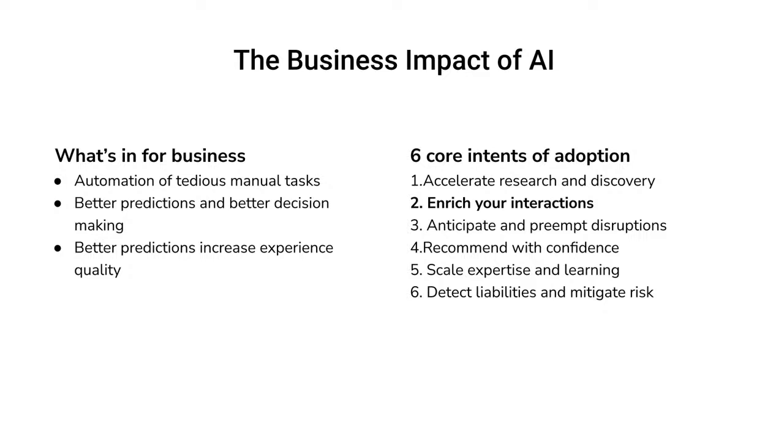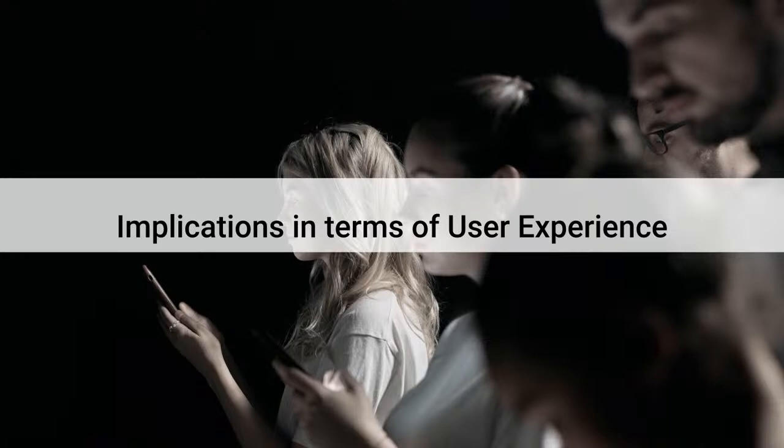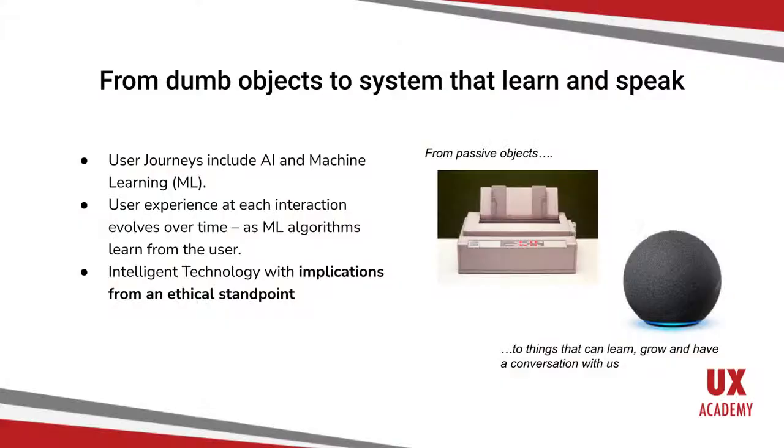And this leads me seamlessly to raise a crucial point, because the reason why we think AI is going to play such a transformative role from a design perspective and from a user experience perspective is that every encounter with AI generates an interaction and a user experience that evolves and can change over time.